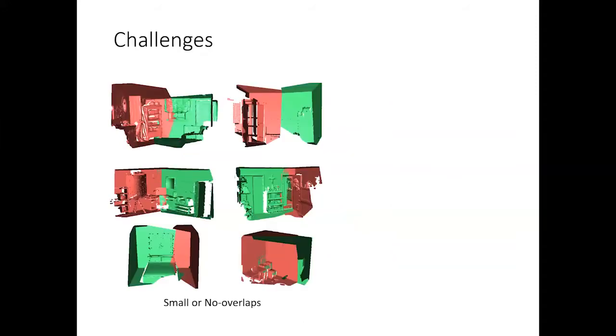But of course, this is a very challenging task. Soon we will realize that we need some understanding. So what are the challenges here? First of all, there are no or few features to match, because they do not really share anything.